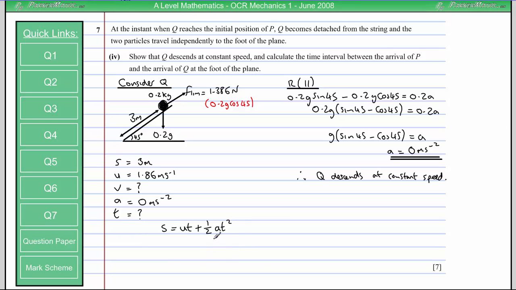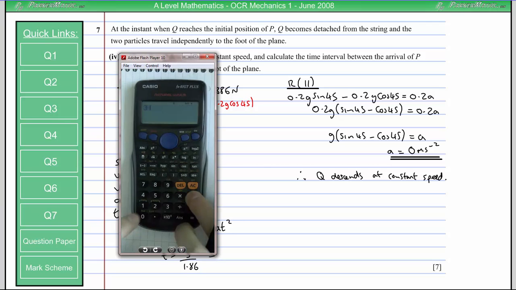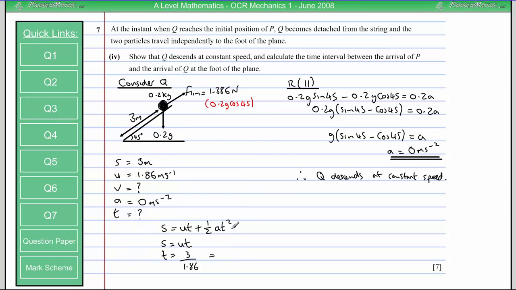And because a is 0, that means this term will cancel out, which means we're left with s equals ut, which is a little bit like distance equals velocity times time that you used at GCSE. We're trying to find t, so we're going to do the displacement divided by the initial velocity, which is 3 over 1.86. It's going to give us 1.61 to 3 significant figures.